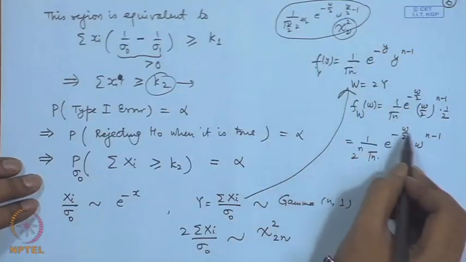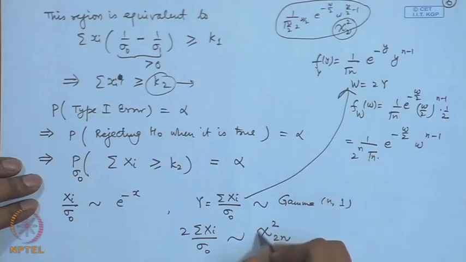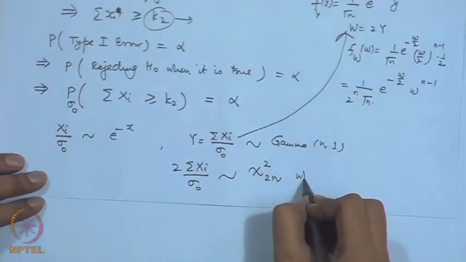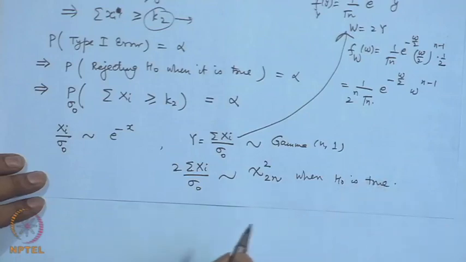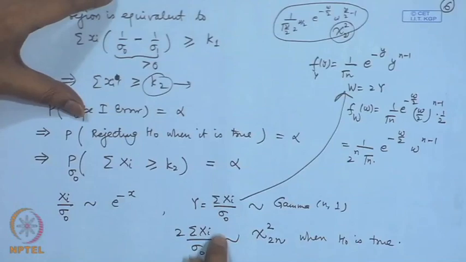So, if you compare this with this, actually we are getting 2n degrees of freedom. So, twice sigma X_i by sigma naught will follow chi-square distribution on 2n degrees of freedom when H naught is true. Therefore, the rejection region can be written in terms of chi-square value on 2n degrees of freedom.